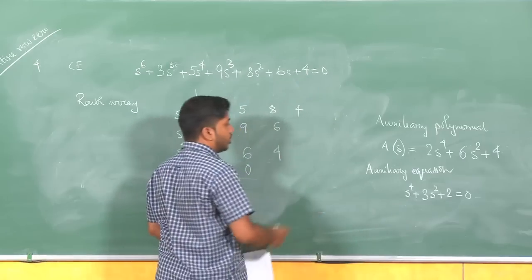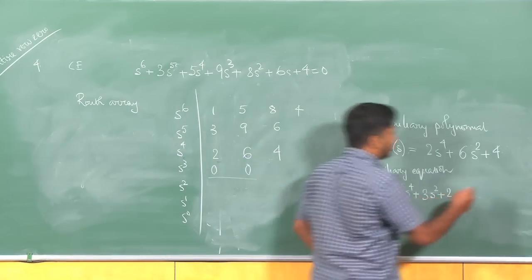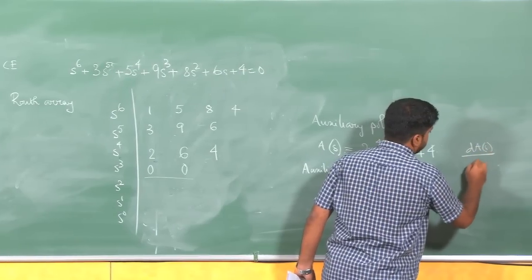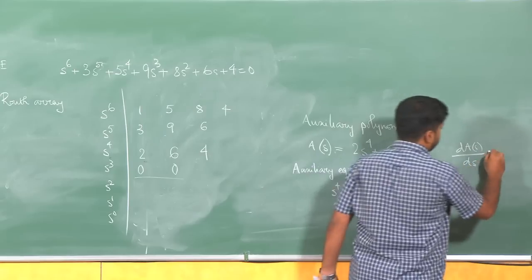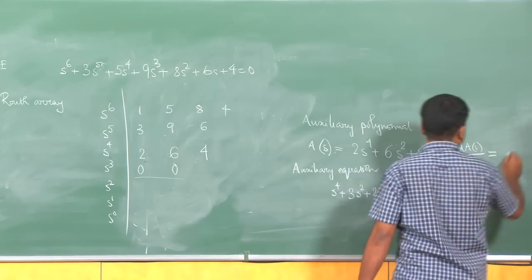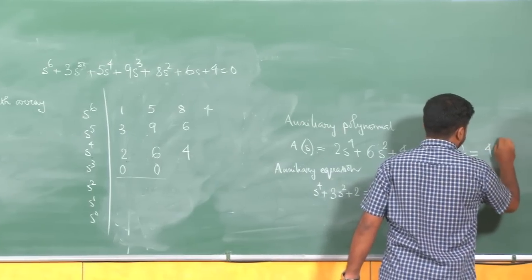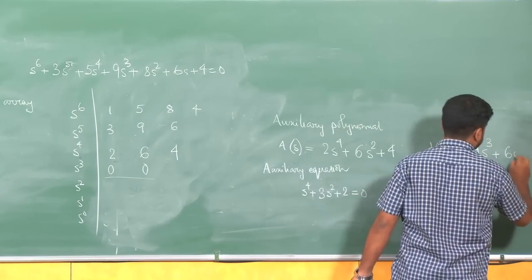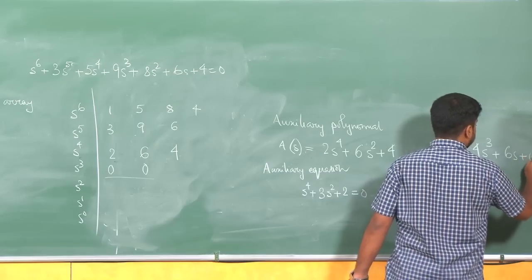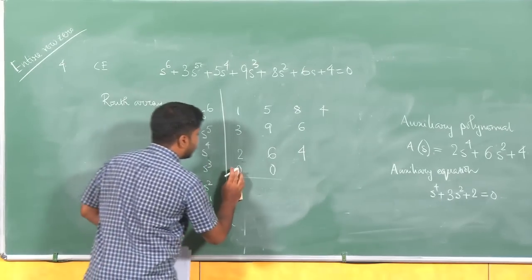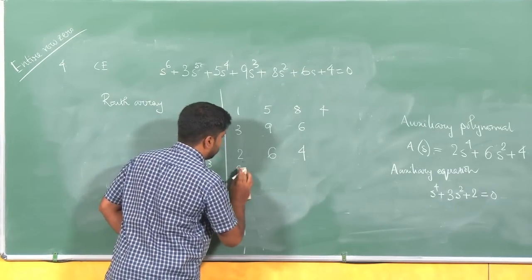We find the derivative of the auxiliary equation, that auxiliary polynomial, that is dA(s) with respect to ds, that is 4 s to the power 3 plus 6 s plus 0. Okay. So, the coefficients will be replaced by 4 and 6.